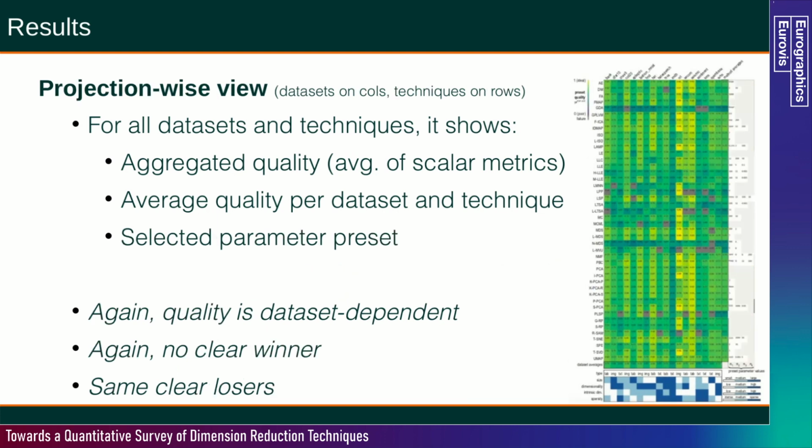As for the projection-wise view, we have almost the same things. We have the aggregated quality, we have the average quality per dataset and technique, but we have a selected parameter preset instead of the parameter variance at the rightmost columns. Again, quality is very dataset dependent. Again, there is no clear winner, no clear best of all technique, but the same clear losers, unfortunately for them, I guess.